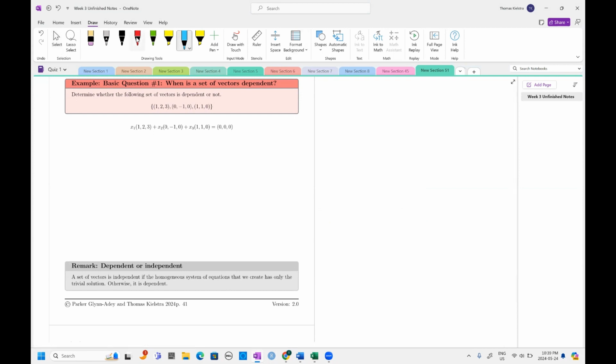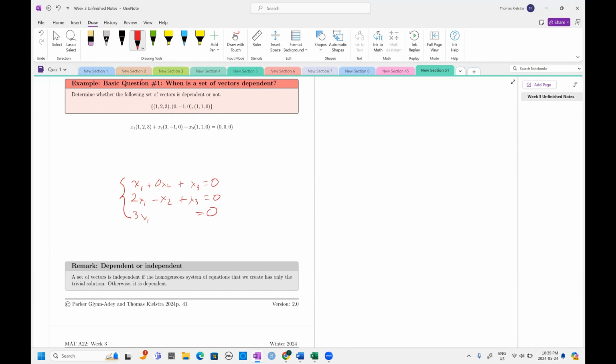Okay, so here we got to the point where we said we have a solution to the system of equations x1 plus 0 x2 plus x3 equals 0, 2x1 minus x2 plus x3 equals 0, and 3x1 equals 0. And we said a solution to this system of equations is a solution to this linear combination.